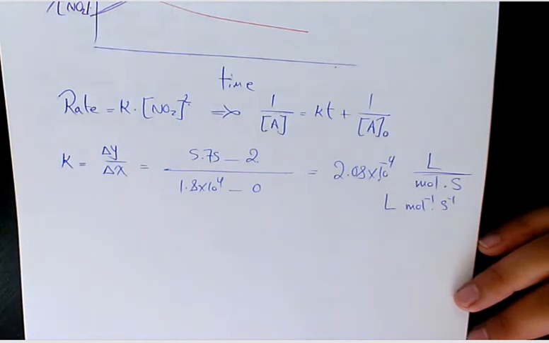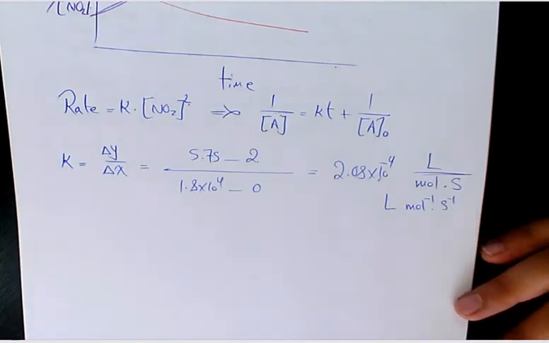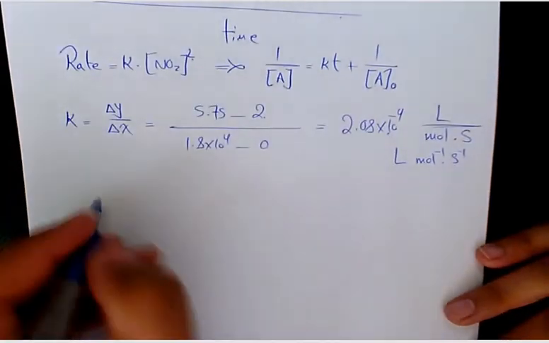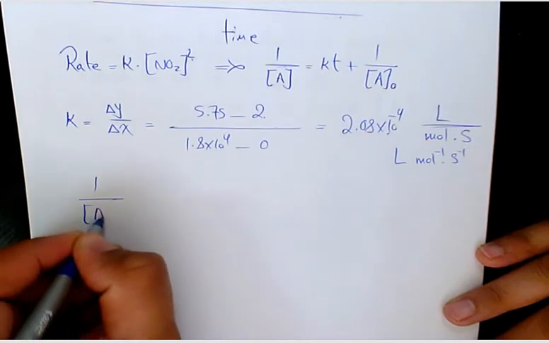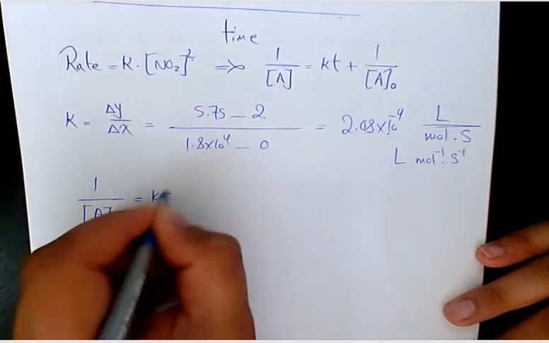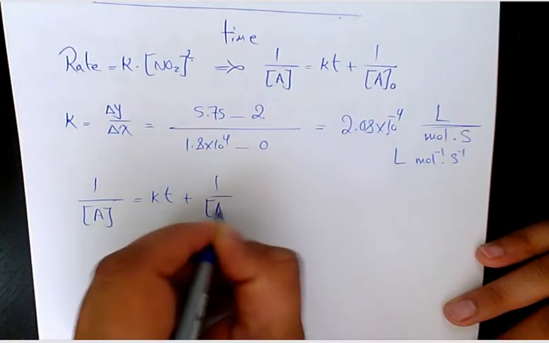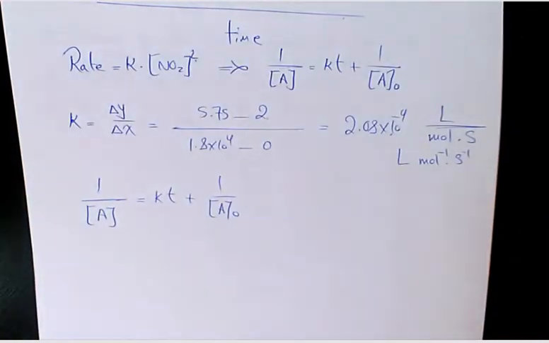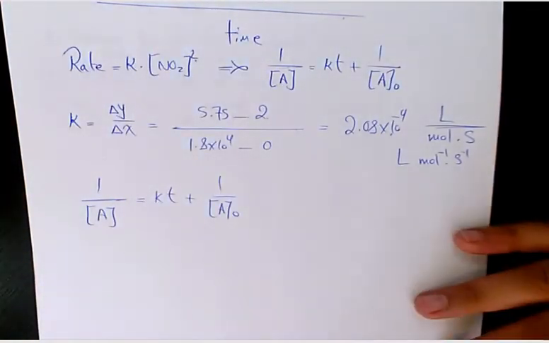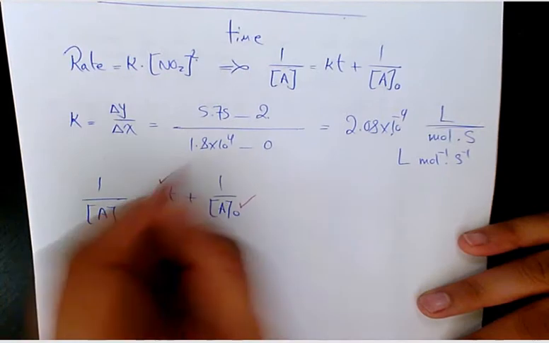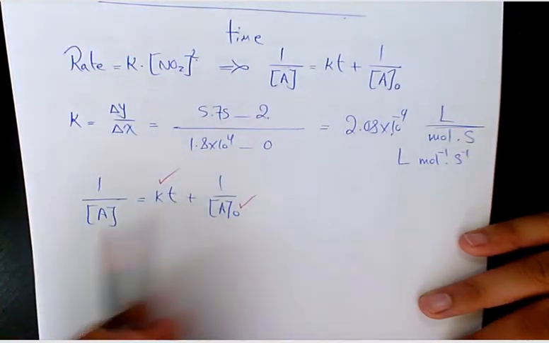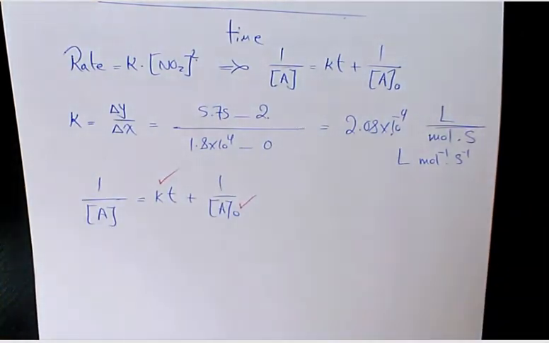It says calculate the concentration of NO2 at time 2.7 times 10 to the power of 4 seconds after the start of reaction. So I'm going to say 1 over A equals KT plus 1 over A naught. Now we have the initial concentration, so this one is given. We have K. The time is given, so we can find out the final concentration.